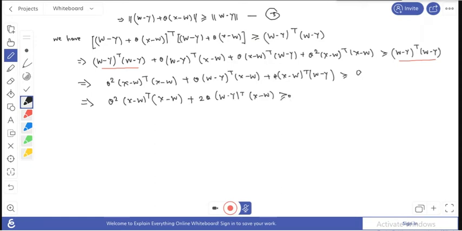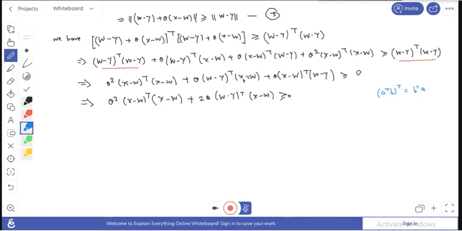Why are these two terms the same? Because you know that A transpose B, whole transpose, becomes B transpose A. So if we take A transpose and B, and take the transpose of that, these two are the same.